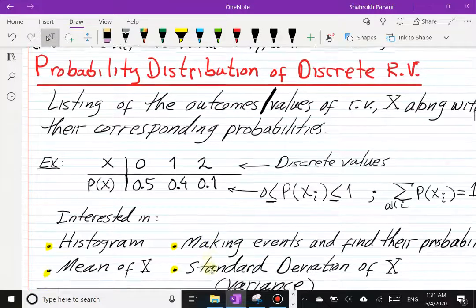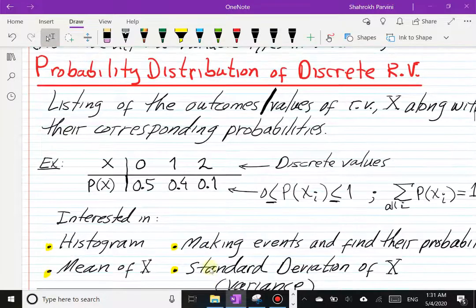So what are we interested in? What good is this distribution for? Here I have 4 things that we are interested in when we look at a probability distribution. First, we may be interested in the shape of the histogram of the distribution. The histogram shows how the values are distributed, and it shows the distribution of probabilities across the values or outcomes.